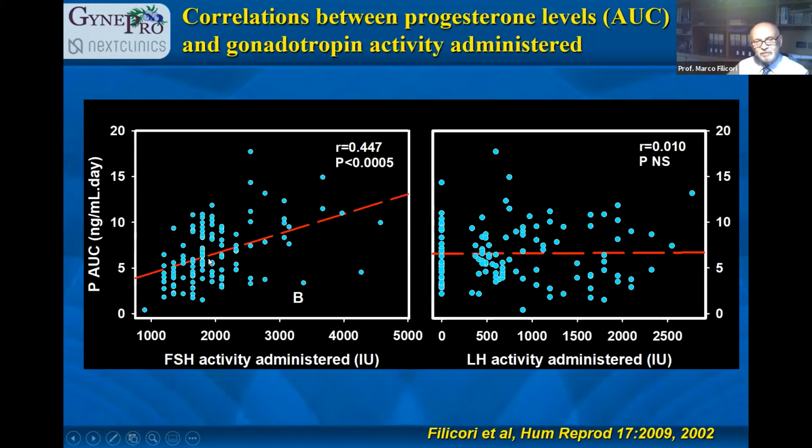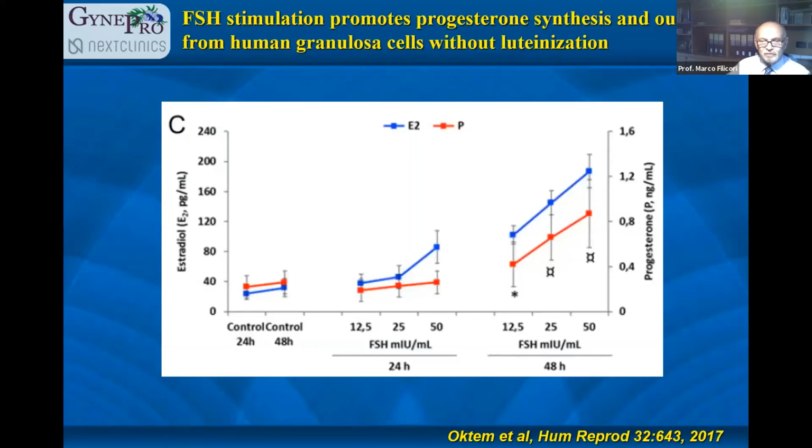And keep in mind that each of these dots is not a single value. Each of these dots is the area under the curve of the whole follicular phase. So again, a very robust assessment of steroid secretion. This was confirmed more recently in 2017 by this in vitro study of human granulosa cells, where it was clearly shown that the more FSH you give, the more progesterone you end up stimulating from your granulosa cells.